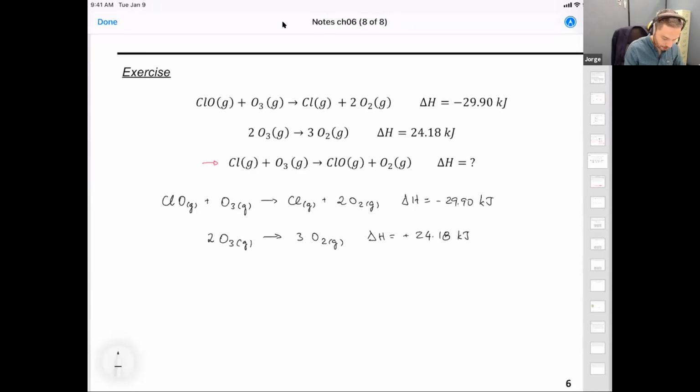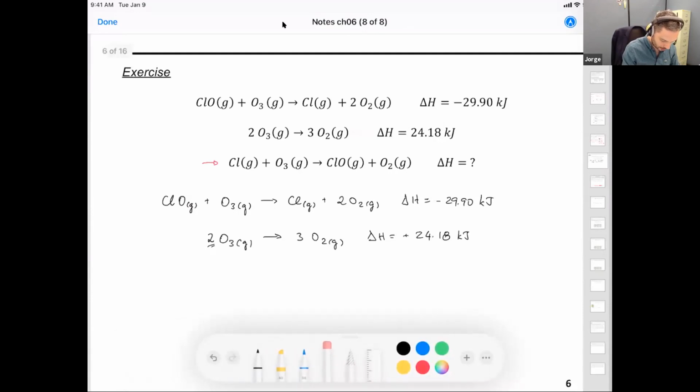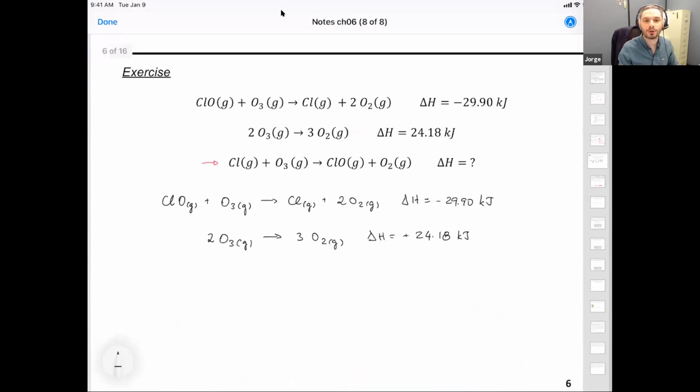Okay, see here, for this example, we don't have kilojoules per mole, for example, for the second reaction. So that means you can correlate two ozone with the total energy here. If we had the delta H divided by mole, then the correlation would be for 1 mole of ozone and not 2. That is the biggest difference when you have the kilojoules versus kilojoules per mole unit.